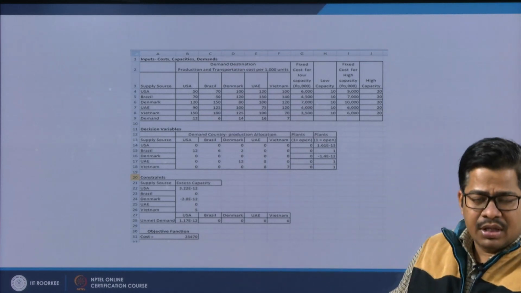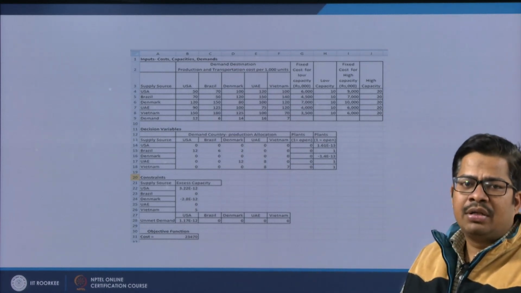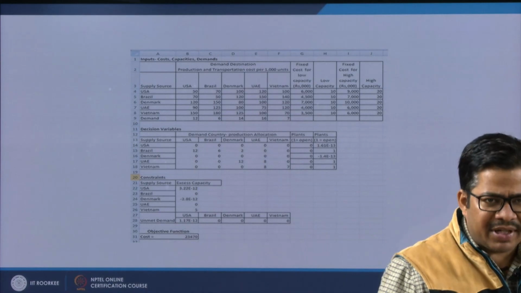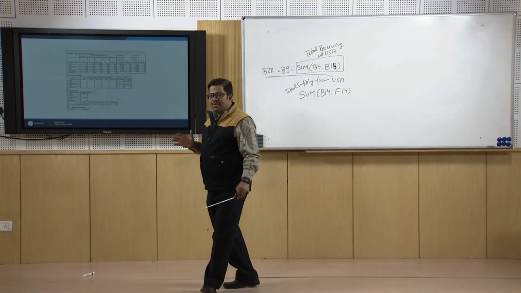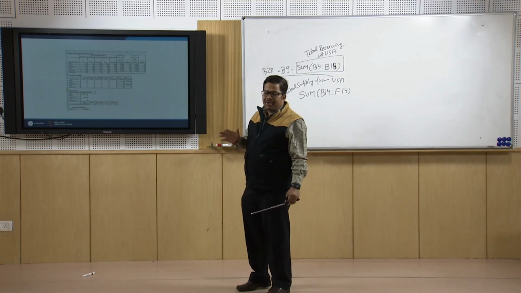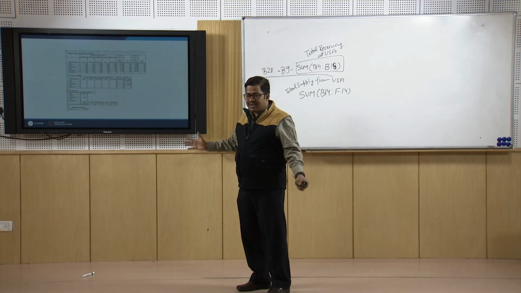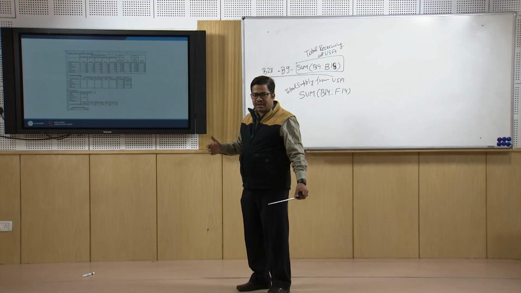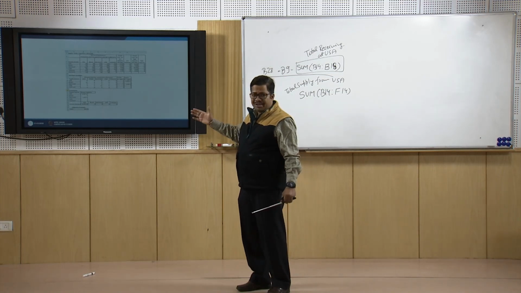23,470 rupees. So this model is a very perfect type of model where you decided where to locate your manufacturing facility, what will be the size of that manufacturing facility, and how are you going to configure your supply chain network, which facility will supply to which market.